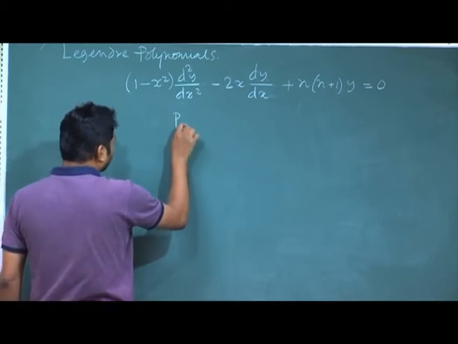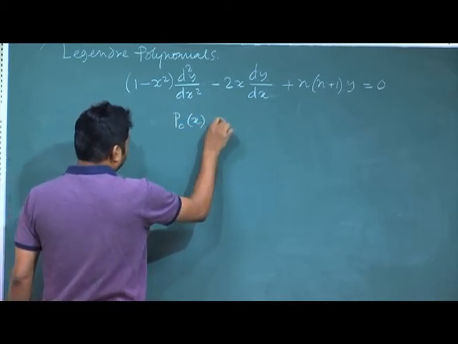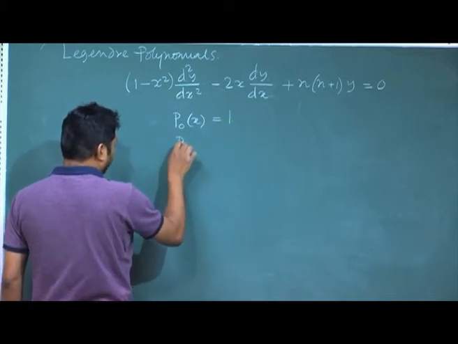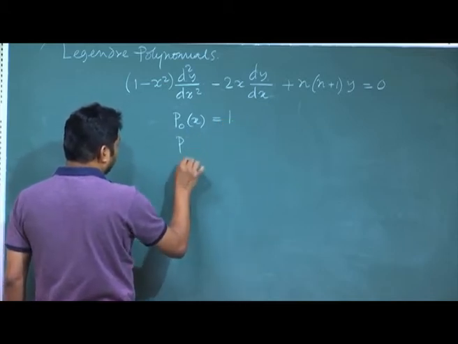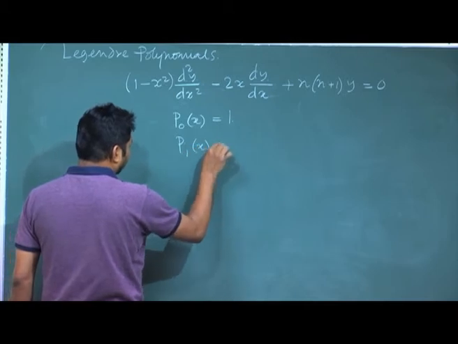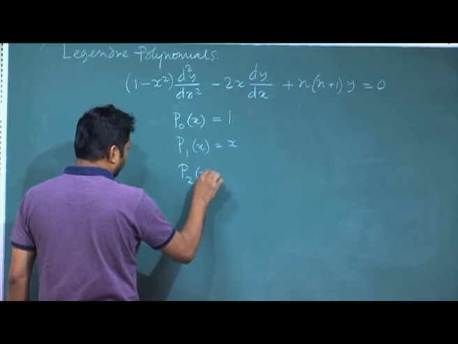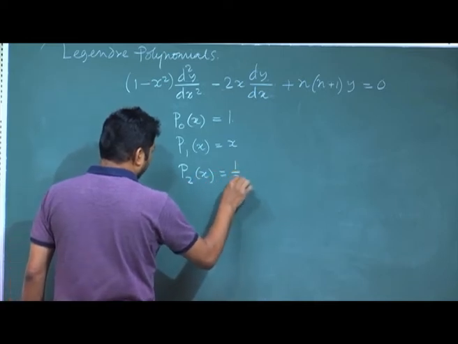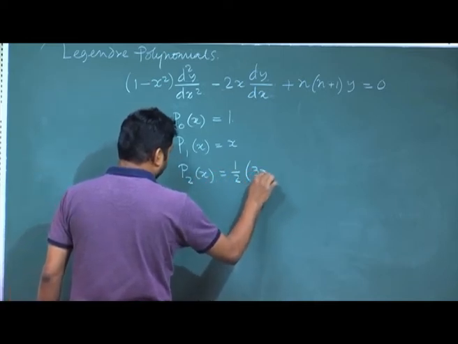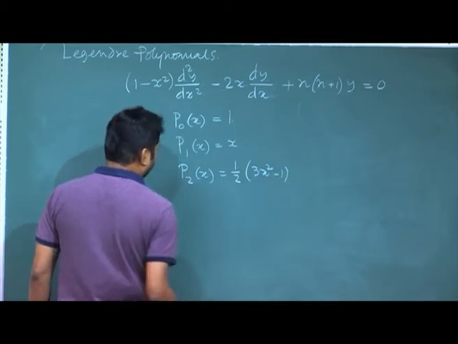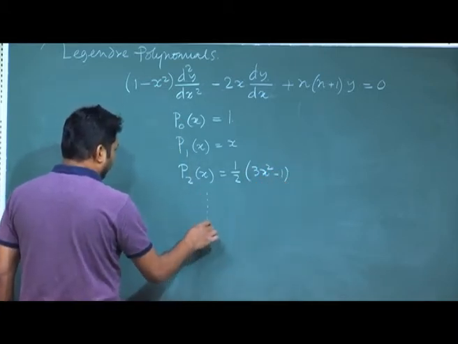The solutions, if I write, it should be something like this: p0 is 1, p1(x) is x, p2(x) is half of 3x square minus 1, and so on.